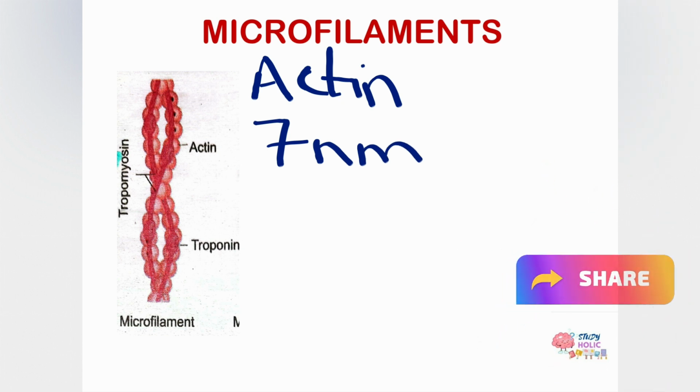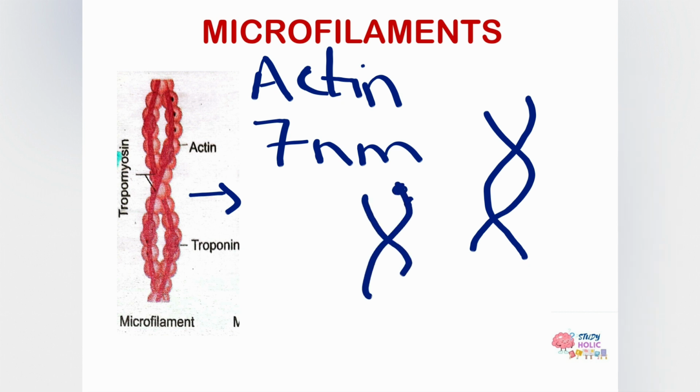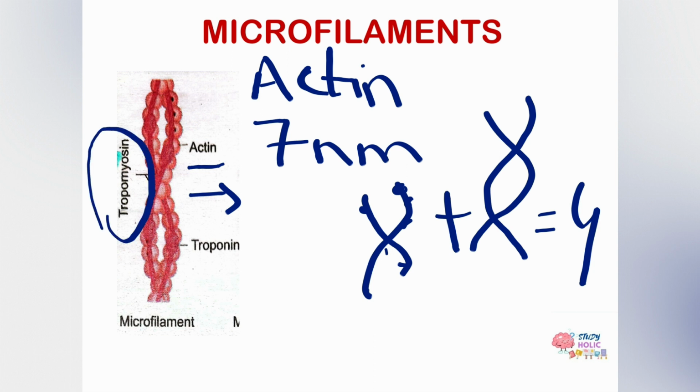So let's discuss its structure. It basically consists of four twisted chains. If I open up this diagram, here these are the two chains and then the beaded ones make up all four, and these four chains make up the two actin chains and then two chains of tropomyosin.